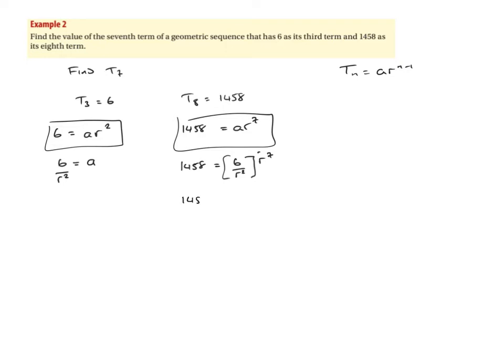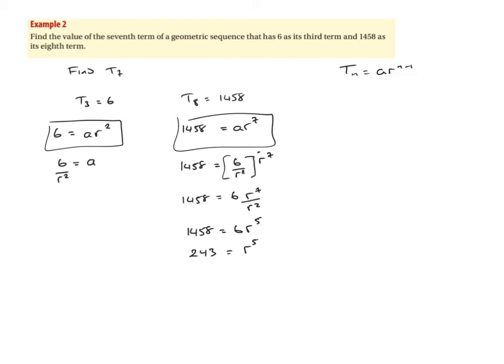So 1458 is equal to 6 multiplied by r to the 7 over r squared. Using our laws of indices, that means we now have 1458 is equal to 6 times r to the power of 7 minus 2, which is 5. We can then divide both sides by 6, so r to the 5 is equal to 243.